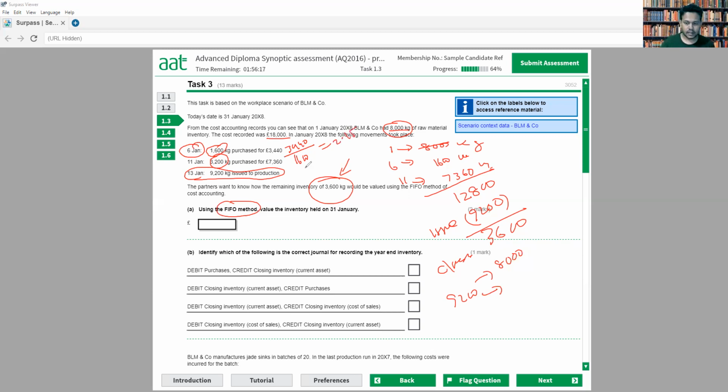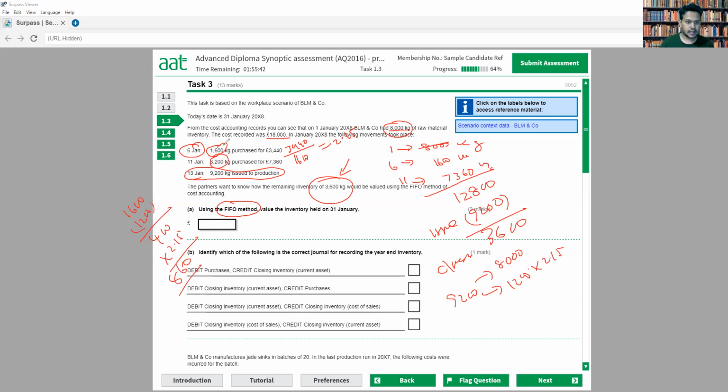So I need 1,200 to make it 9,200, and 1,200 each will be 2.15. All right. So from 1,600, if 1,200 is gone, we have 400 here, and 400 times 2.15 gives me 860, the value left.